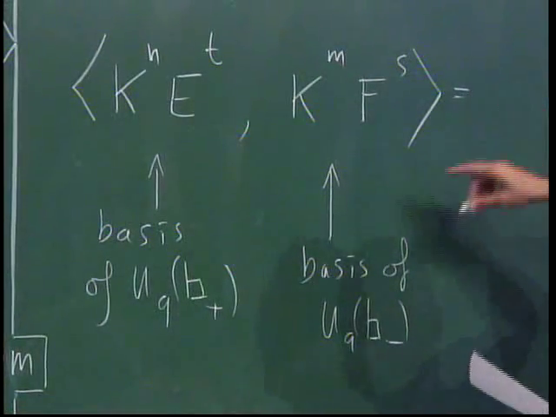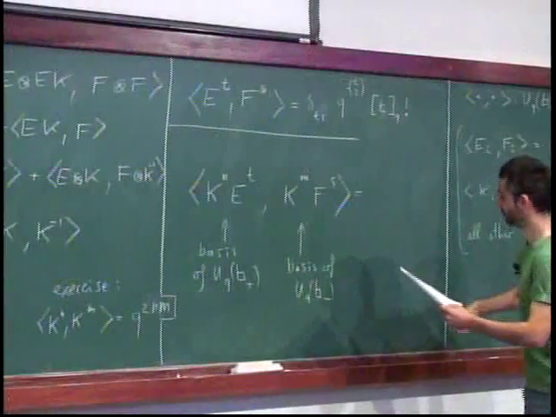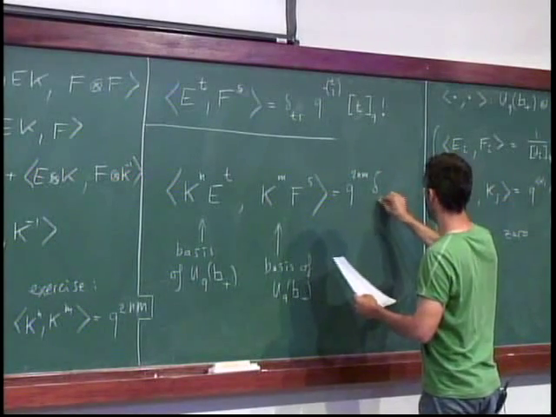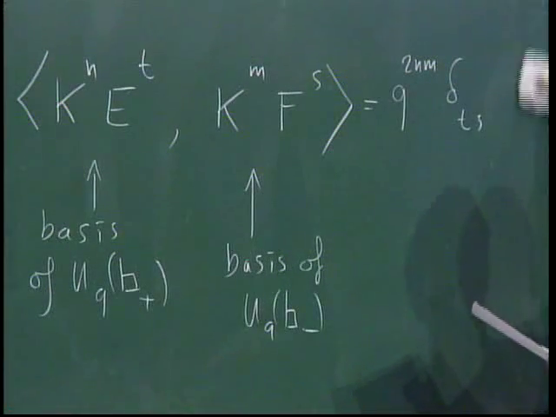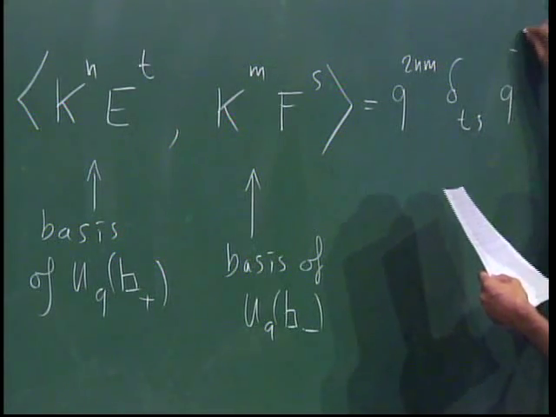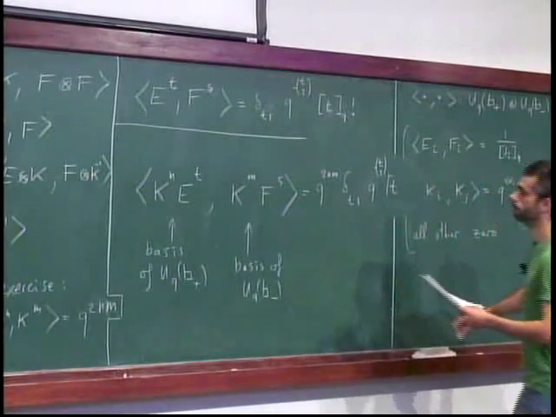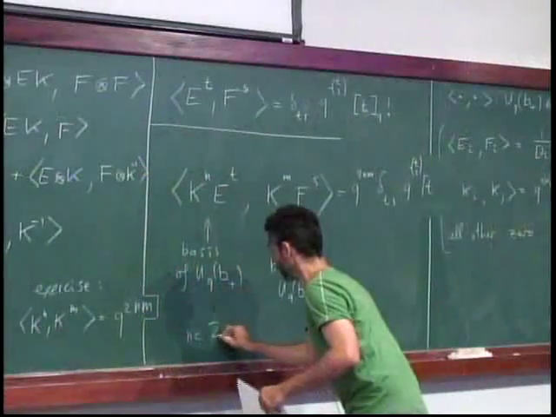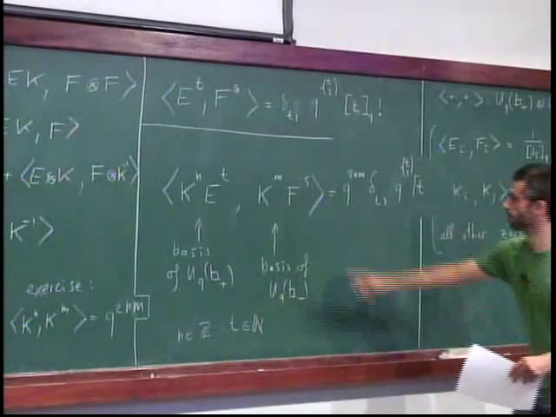And the answer turns out to be just the product of this and that. So n runs over the integers, t runs over the naturals. And same thing for here.